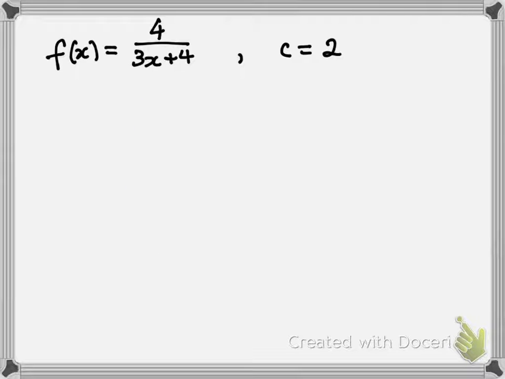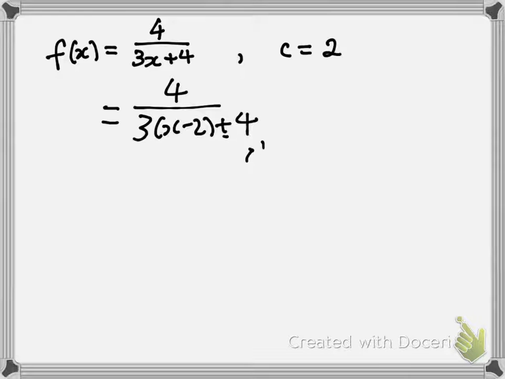Alright, so our first step would be to write x as x minus 2 because that's going to be needed in the power series. But if I rewrite this as this, then they're not really equal, are they?